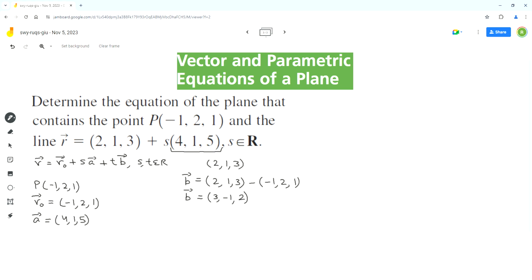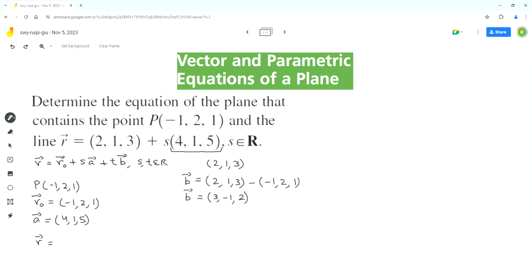And we can see that vectors A and B are not scalar multiples of each other, because if we multiply vector A by a real number, we will not get vector B. That means vectors A and B are non-collinear vectors, and that's one of the conditions that has to be satisfied by the direction vectors. Now we can write the vector equation of the plane.